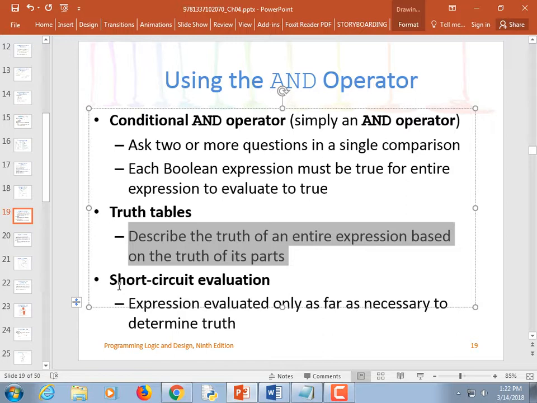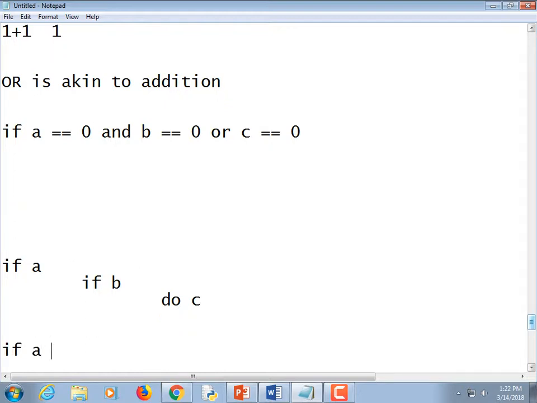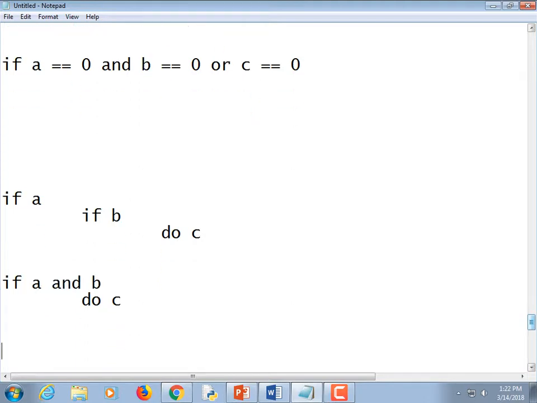Okay, so short circuit evaluation is how things get skipped if only one part is true. Remember if we said if A, and then if B, then do C. If that's not true, then this is skipped, right? That's called short circuiting. So if you have if A and B, do C, short circuiting means that if this is false, this evaluation is skipped.